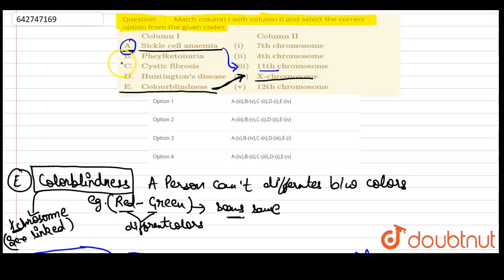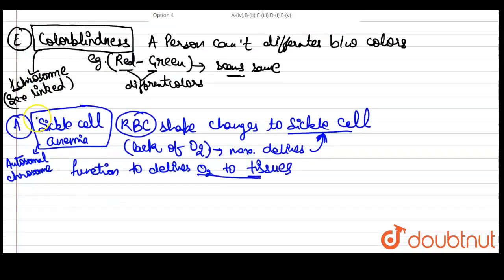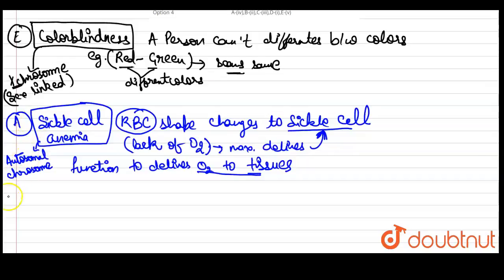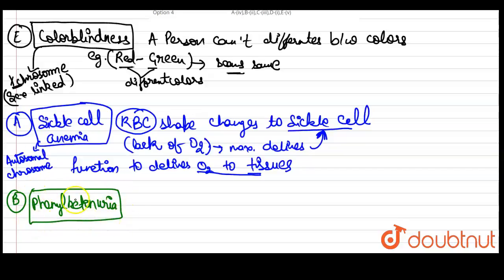Now if we consider the B option, it mentions phenylketonuria. Phenylketonuria is a metabolic disorder.